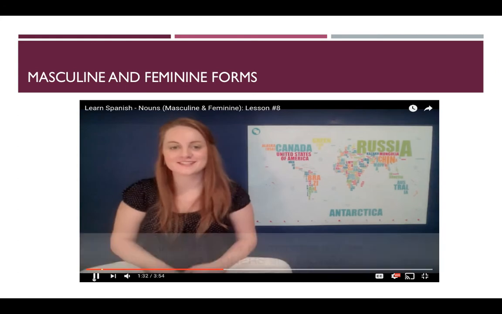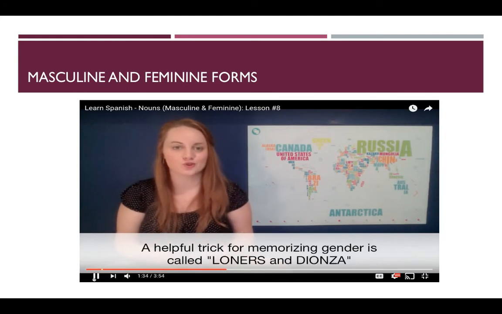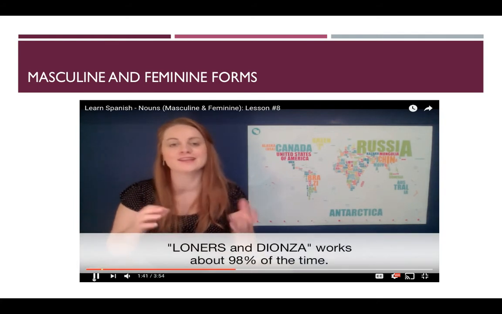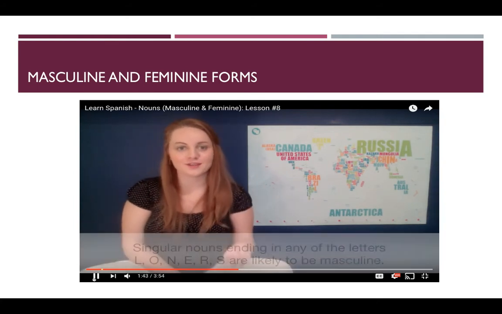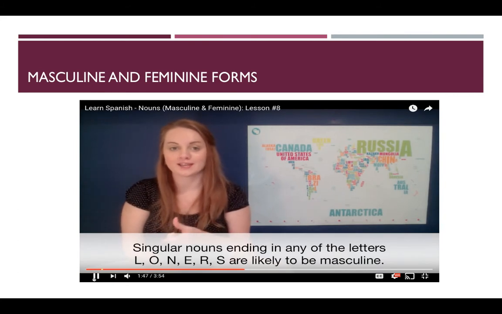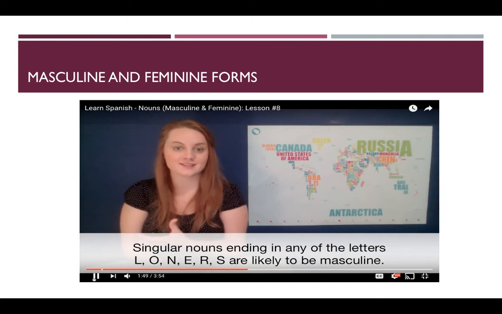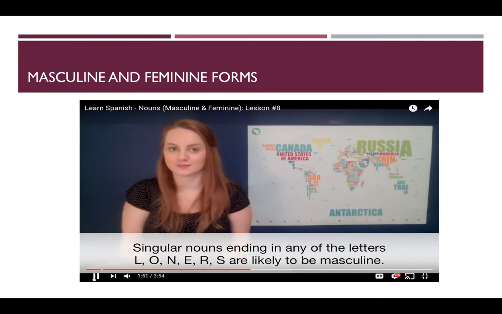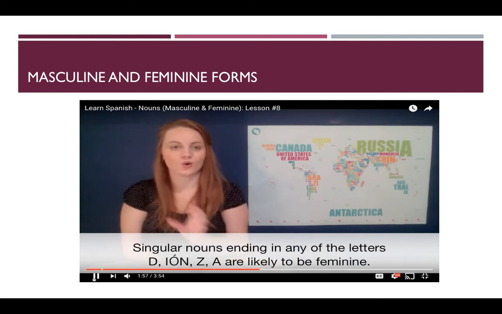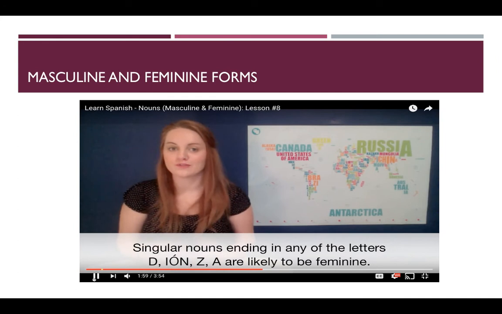Since there are so many nouns, a helpful trick for memorizing gender is called Loners and Dions. And I love this, it works about 98% of the time. So singular nouns ending in any of the letters L, O, N, E, R, or S are likely to be masculine. And singular nouns ending in any of the letters D, ION, Z, or A are likely to be feminine.